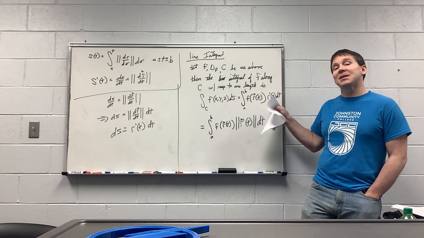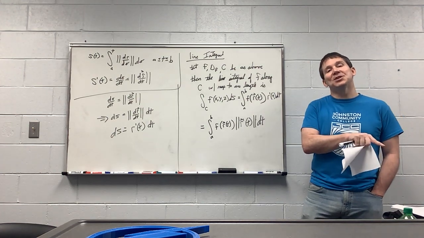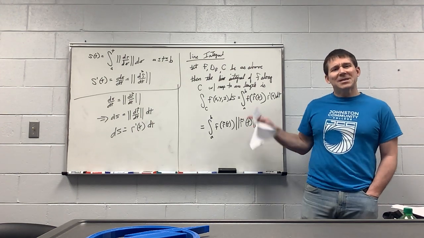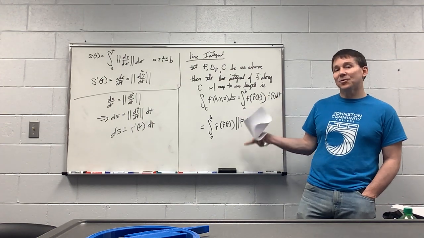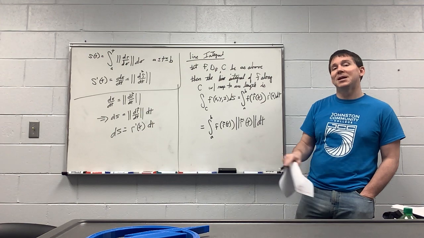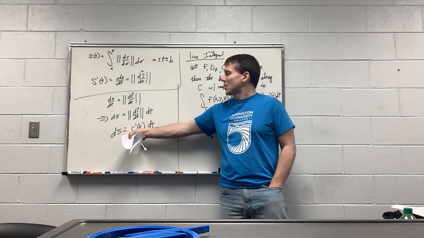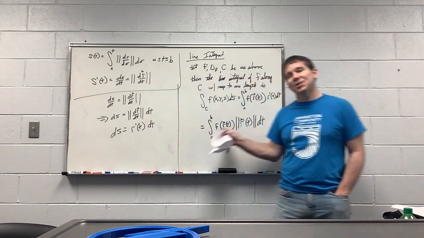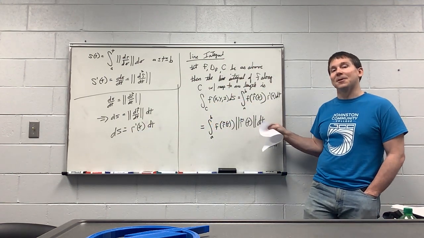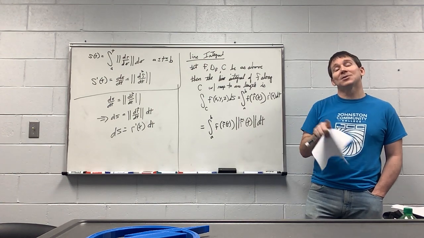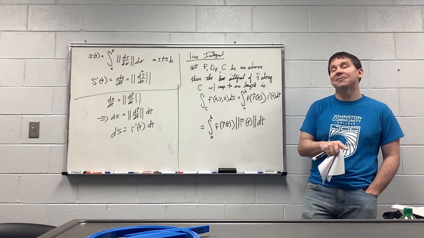But this will actually be true for any parametrization, even if it's not the arc length parametrization. Which means I could have defined this using a different parametrization, but I chose the arc length one because we had already done this work before, which gave me this relationship. And now this will work for any line integral I want to solve, for any parametrization that I have, which is good.